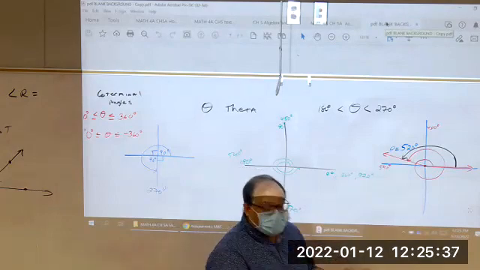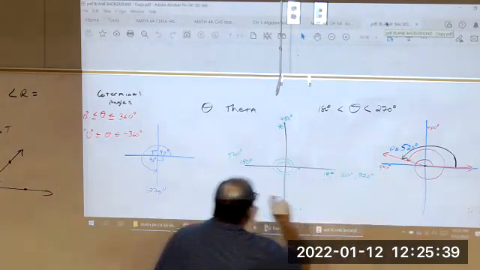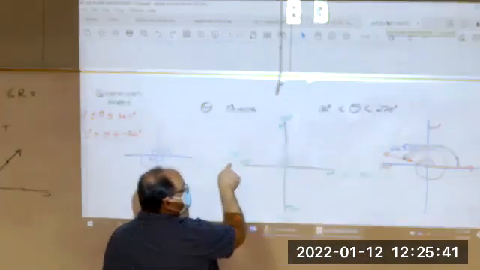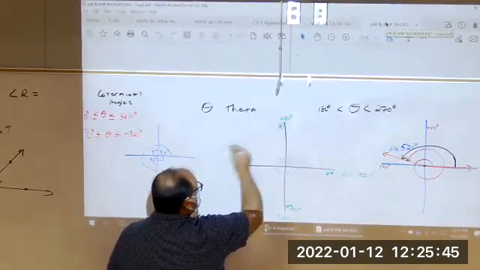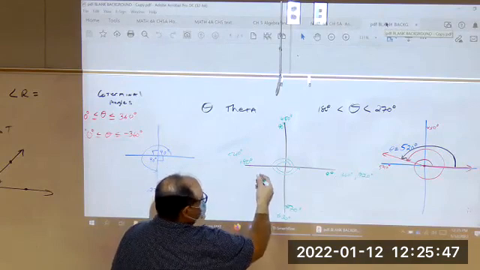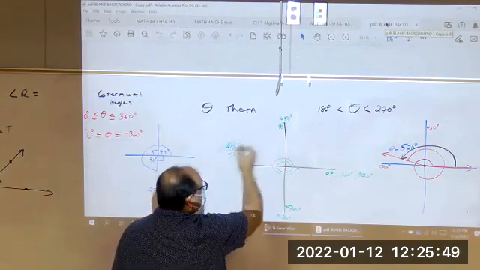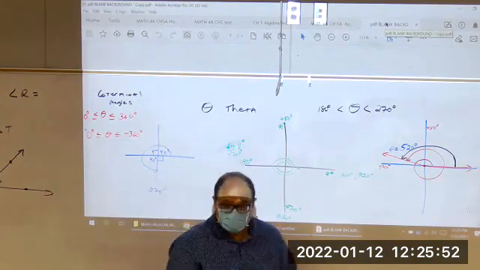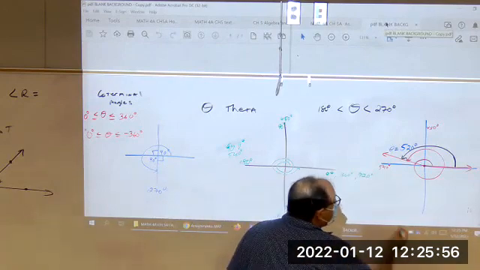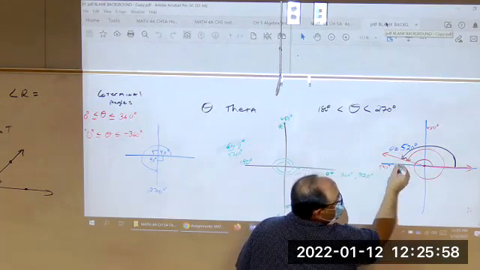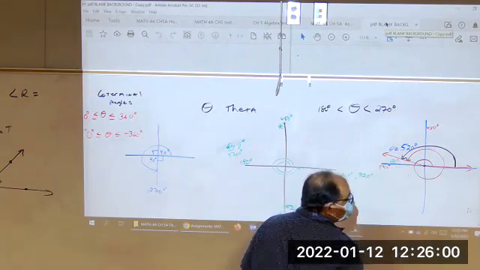So visually, what I know is that this is always going to be 180, 540, 900, and so on. Okay. So that's 540 and that's 520. I know this angle right there is 20 degrees.